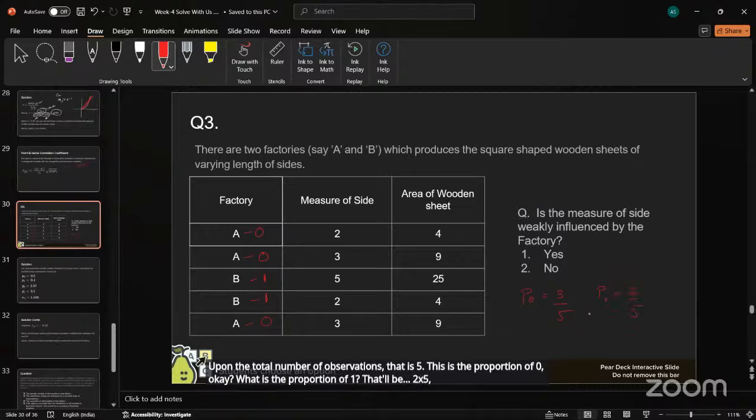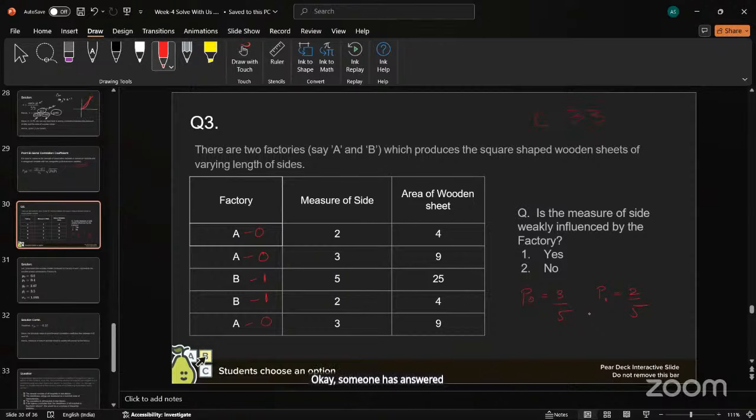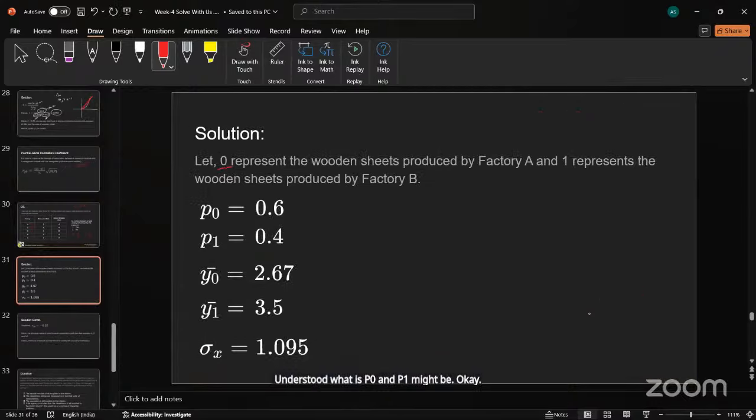Someone has answered 0.333. So you've got P0 and P1. Understood what is P0 and P1? P0 is now 0.6, P1 is 0.4.